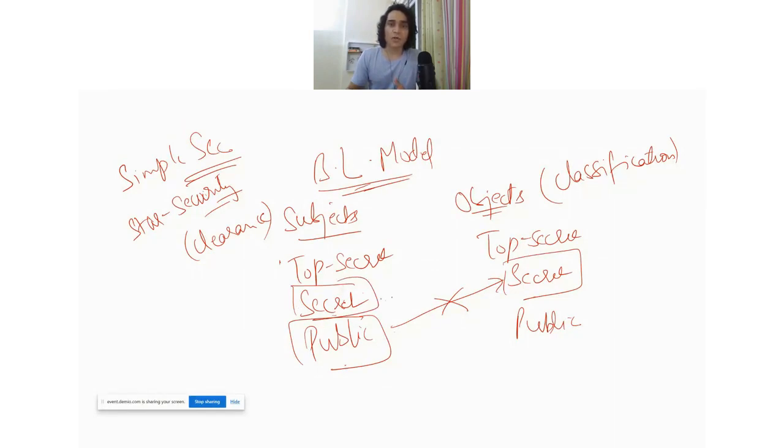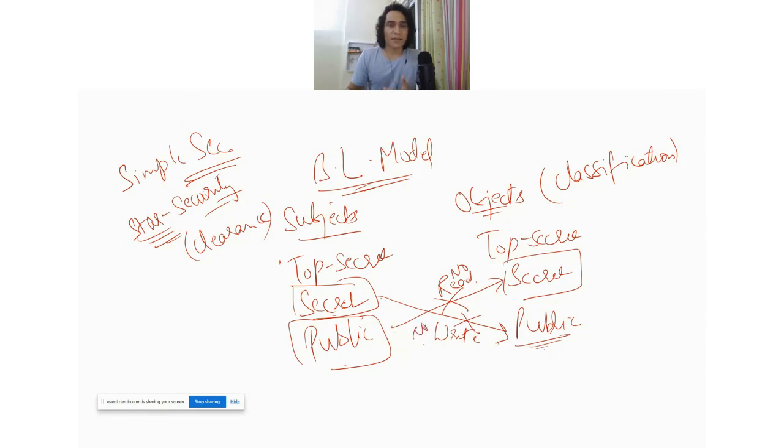That subject cannot write to an object at a lower classification level. So the first rule is about no read up, and the star security rule says a subject cannot write to an object at a lower classification level than the subject's clearance.